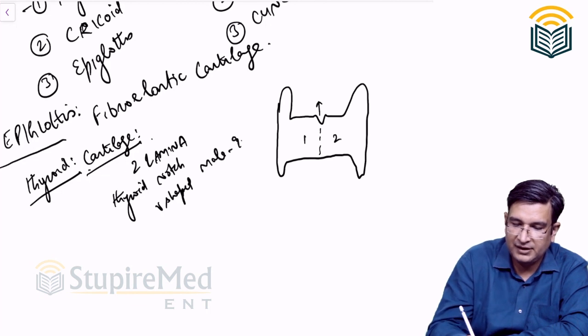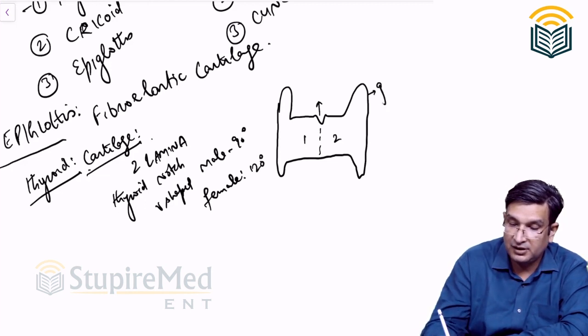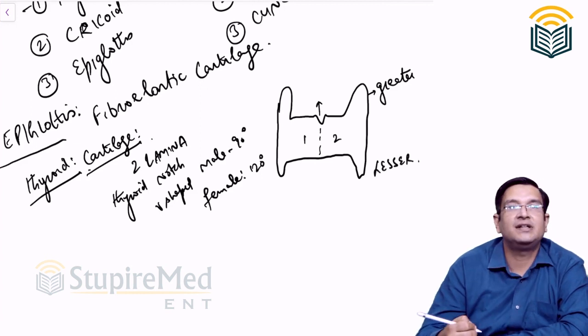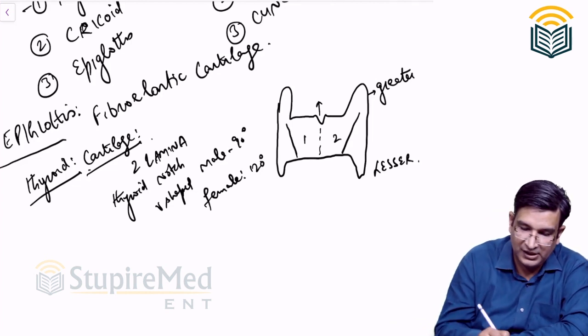In males it is 90 degrees, while in females it is 120 degrees. Then it has two cornu. This is the greater cornu and this is the lesser cornu. Over the anterior surface of the thyroid cartilage, there lies an oblique line, and three muscles are attached to this oblique line.